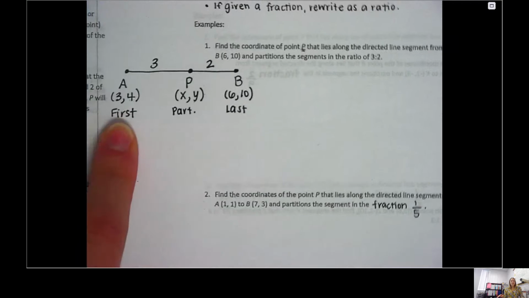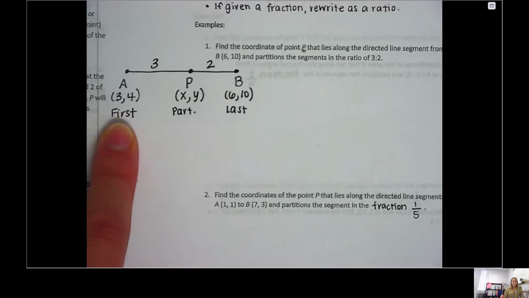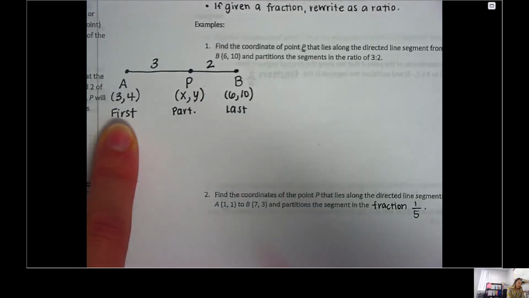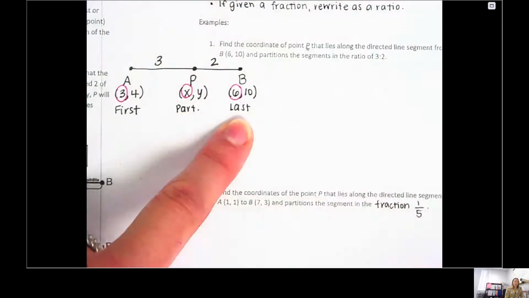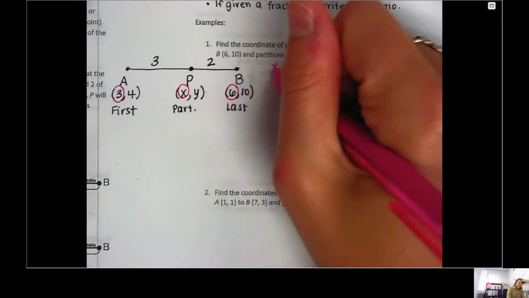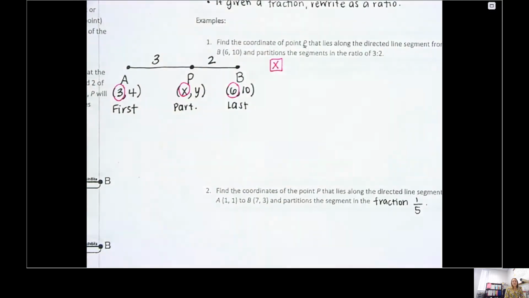Which one is the x value in my first coordinate? The 3 or the 4? The 3. In my partition point, obviously, it's the x. And then which one's my x coordinate in the last one? 6.